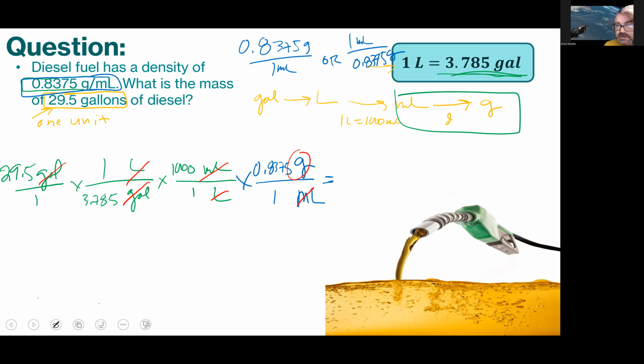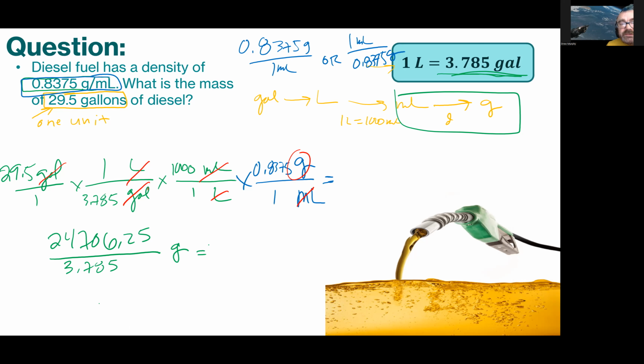29.5 times 1,000 times 0.8375 is 24706.25 divided by 3.785. Okay, this has units of grams because everything else is canceled out.